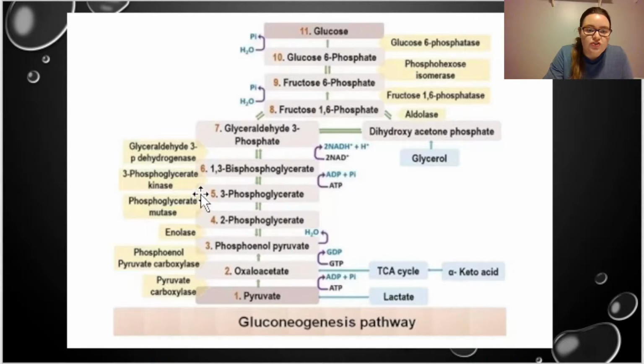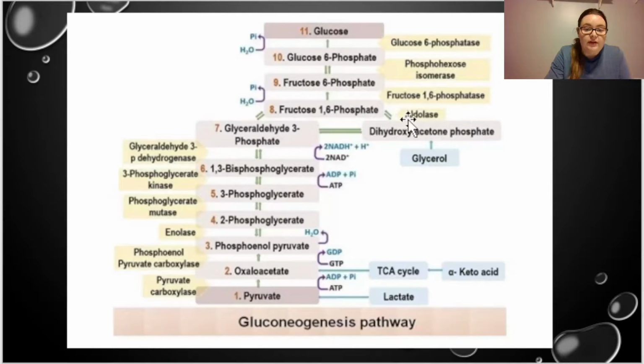Then it's going to switch. That phosphate group goes to the 3rd carbon for 3-phosphoglycerate. Then a phosphate is added on, and we have 1,3-bisphosphoglycerate. Then we make G3P, glyceraldehyde 3-phosphate. Here's aldolase, which plays an important part in gluconeogenesis as well.